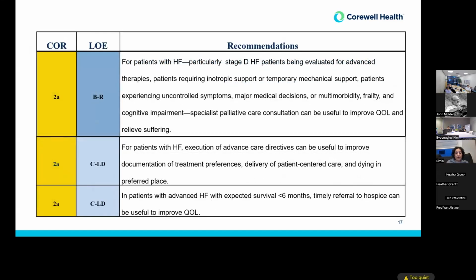Again, the studies are somewhat limited, but when patients are in stage D and they're being evaluated for any advanced therapies, including inotrope, milrinone, or anything of that sort, palliative care really does need to be involved. And as you can see from the level of recommendations, we just need to have more studies done.